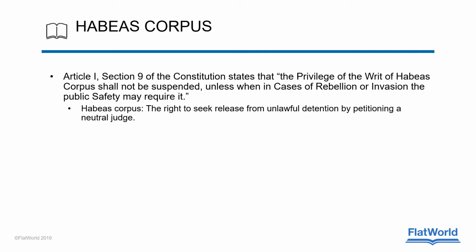So habeas corpus. This is in Article 1, Section 9 of the Constitution, and it states that the privilege of the writ of habeas corpus shall not be suspended unless, in cases of rebellion or invasion, the public safety may require it. Habeas corpus is the right to seek release from unlawful detention by petitioning a neutral judge.